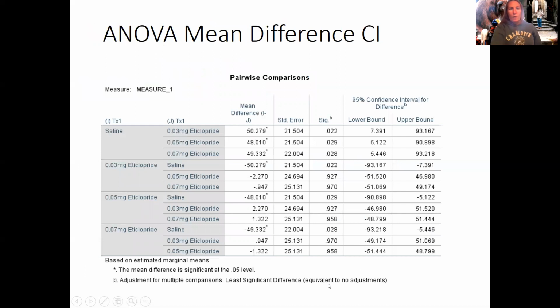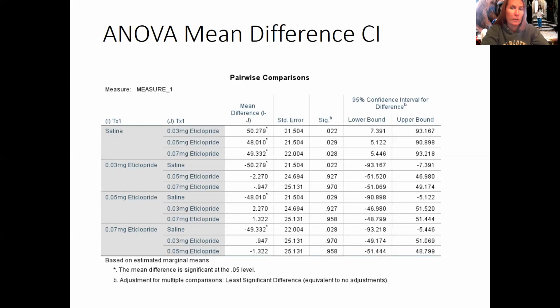Here we also have our pairwise comparisons, looking at the differences between one group and another. Again, we look at the mean difference when examining the confidence intervals, here in a chart of post hoc tests. If the difference between groups is 0, there's possibly no difference between them in the population.